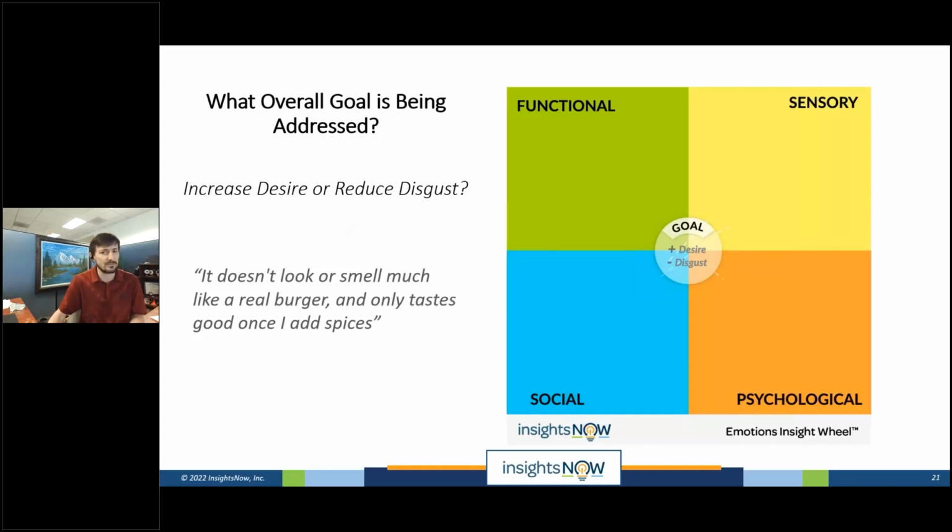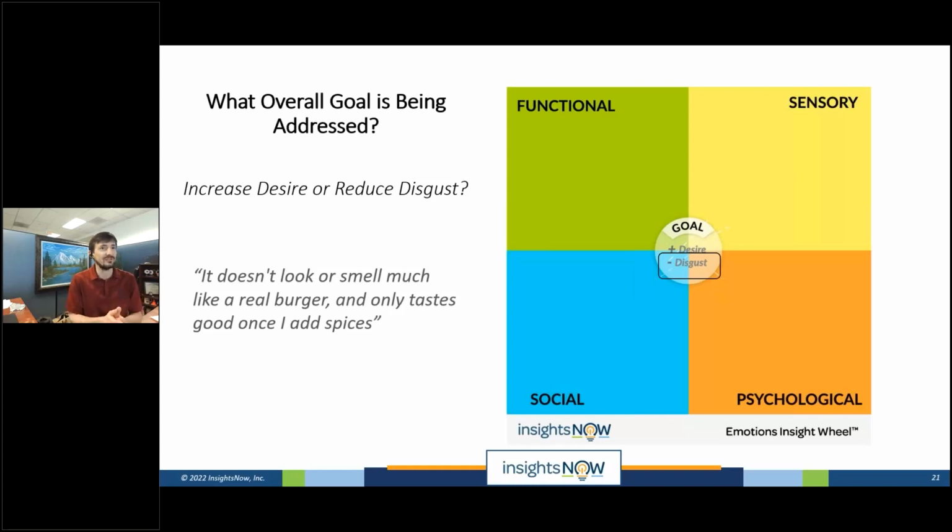She said it doesn't smell much like a real burger, only tastes like a good one that I add spices to. Interestingly enough, she's talking about an existing experience that's a disgust. So we're going to be taking that away. We're not enhancing a positive, we're actually removing a negative.